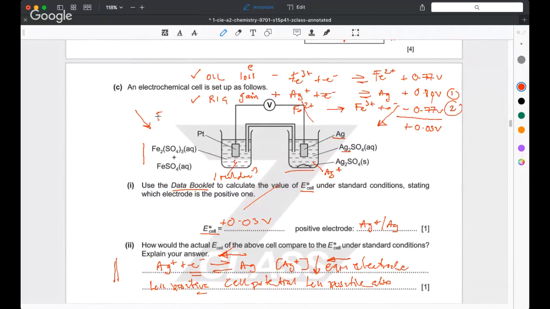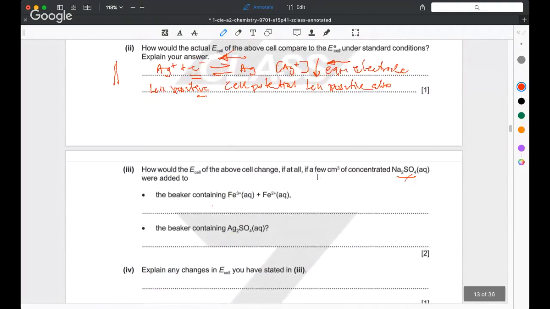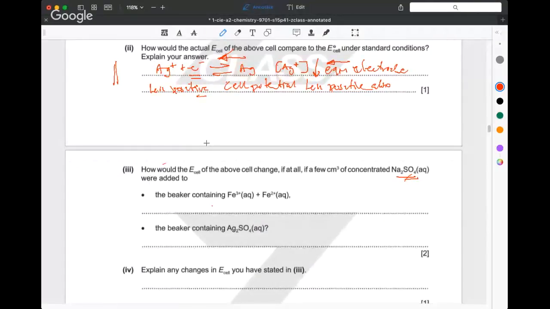We've got an equilibrium between the iron 3+ and the iron 2+ ion. So when we add the sulfate ion, it has no effect on this equilibrium between the iron 3+ and the iron 2+. Sulfate isn't involved in that equilibrium at all. So we expect for this electrode there to be no change.